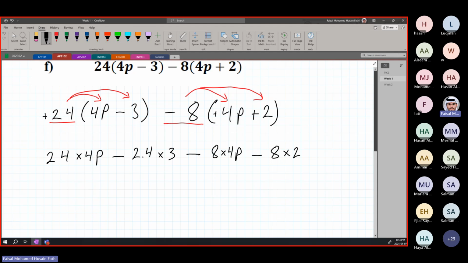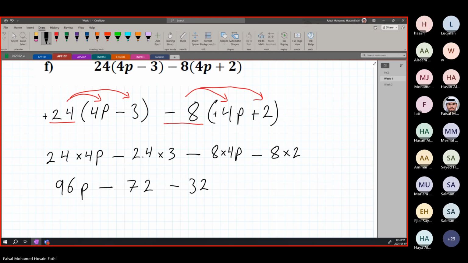So 24 times 4p, we just multiply the 24 with the 4, which gives you 96p. Then simplify each part by itself: minus 24 times 3, which is 72, minus 8 times 4p, which is 32p, minus 8 times 2, which is 16. We do the same thing as before: minus 72 and minus 16, and anything that has the p we group together, which is 96p and the minus 32p.